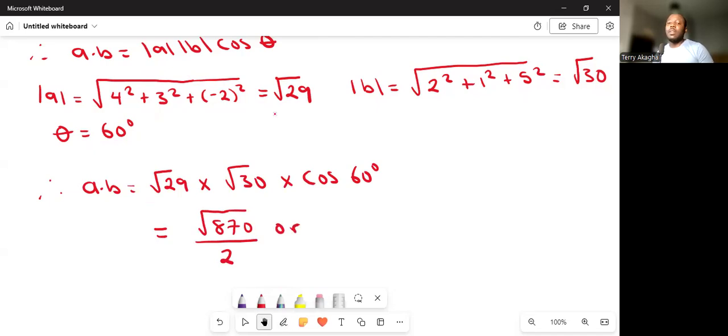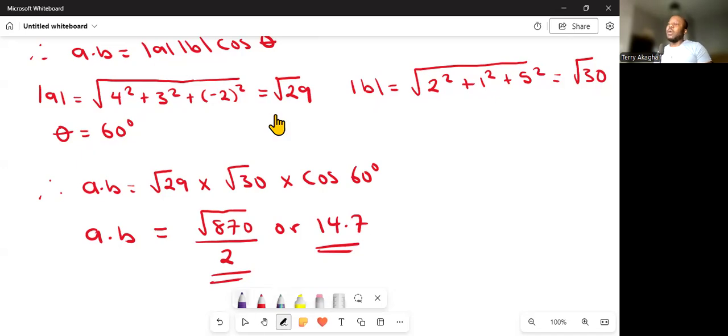Or if you want it in decimals, you can have it as 14.7. So that will be the A dot B. Are you seeing it? So when the angle is given and you have to take it into consideration, then you have to use the A dot B formula that has an angle there.